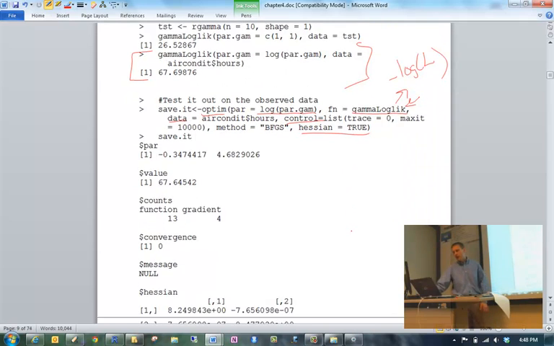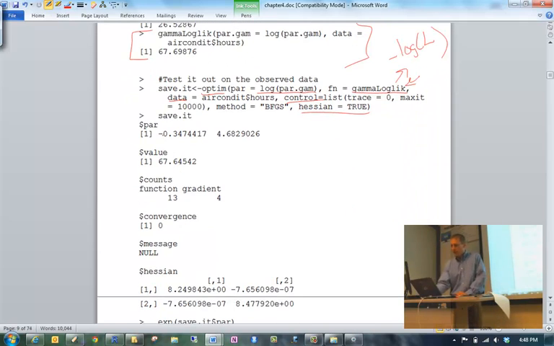So, run my code. So, here is my maximum likelihood estimate for the log of alpha, maximum likelihood estimate for the log of beta. Negative log of L is 67.64. Notice how that is indeed less than what we would get from the MOMs.